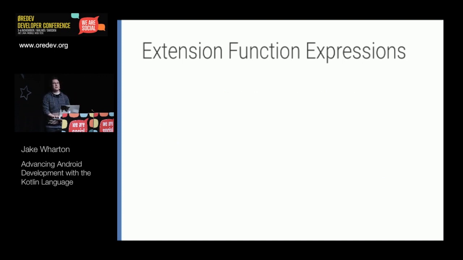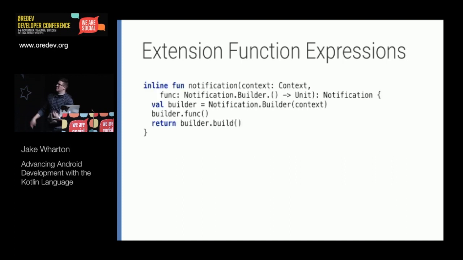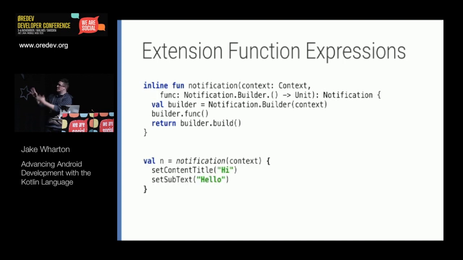Pick your worst API in Android. There's certainly no shortage. There's a lot that are transaction-based, so we could reuse the same pattern for fragments or for shared preferences, or just anything that annoys you and you feel like you're writing too much code. So I just picked one at random. Notification builders, they're not too bad, but we could clean it up a tiny bit.